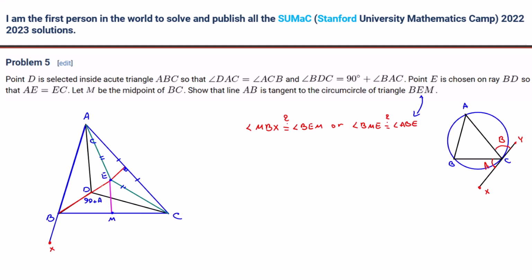Okay, ABE, we don't know what ABE is. What we know is what MBX is in terms of ABC. MBX is equal to what in terms of ABC?